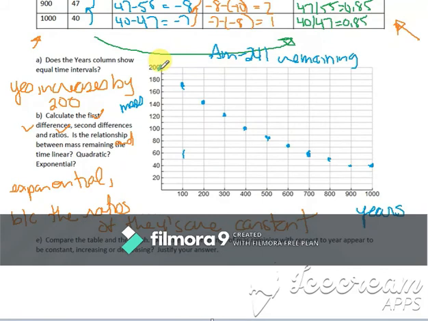We can connect these with a curve. We can see that that's not a line. That's definitely a curve.